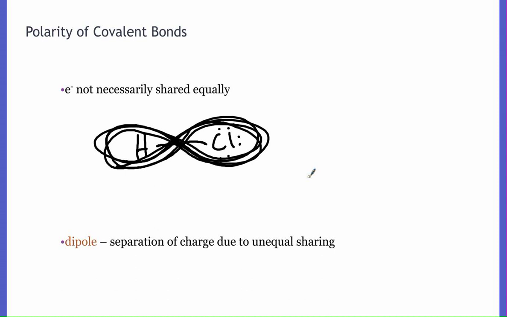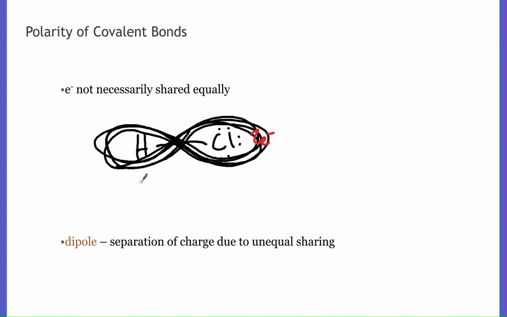So I'm sharing here, but that doesn't mean that I'm always going to share equally, right? So I have two electrons in this orbit around these two atoms, but at any given time, those two electrons can be on the same side, right? Whether it be around the chlorine or be around the hydrogen.